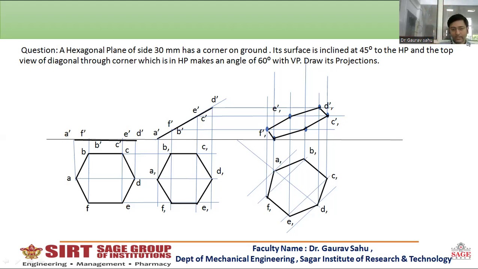What you are seeing is a hexagon of this shape. In the first diagram, in the top view, you see a hexagon resting by a corner. The first diagram will be like this: A, B, C, D. Point A is the corner which is resting on HP.